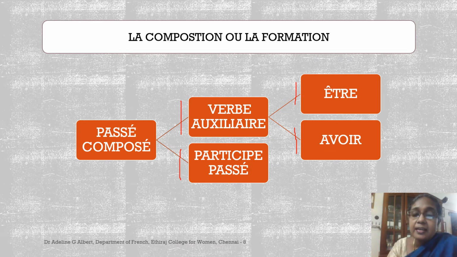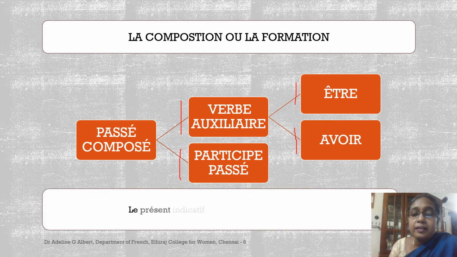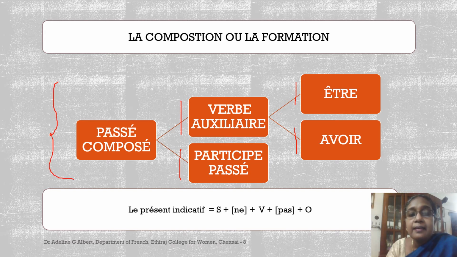Okay? Now, there it is. At the top over here, I have given you the structure of the past tense. Passé Composé is equal to auxiliary verb followed by your past participle. Alright? Whereas the present tense, you just have one verb. Here you have two parts.